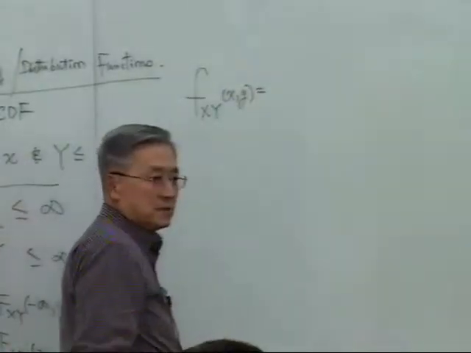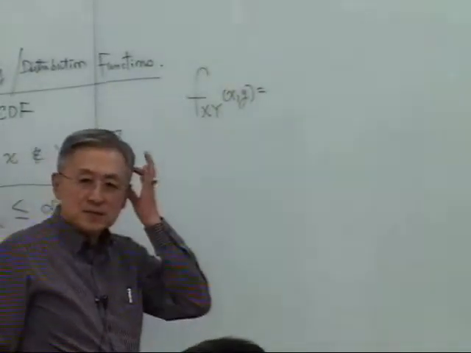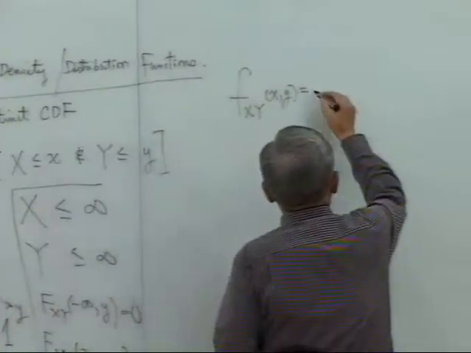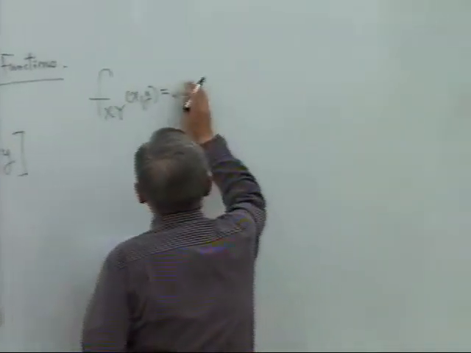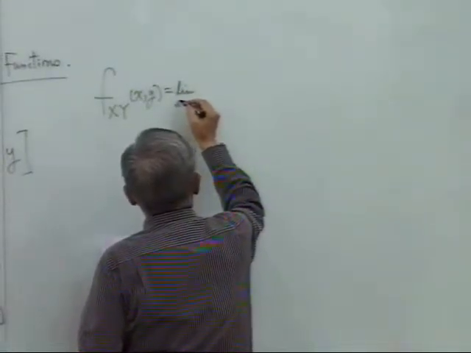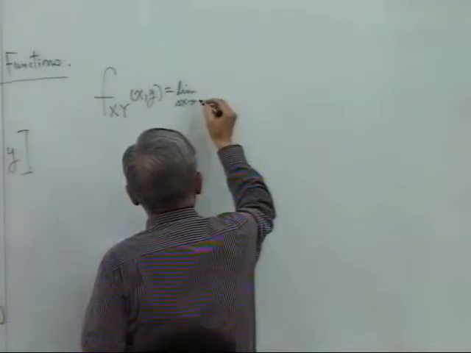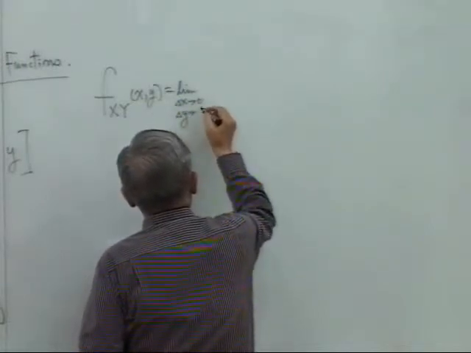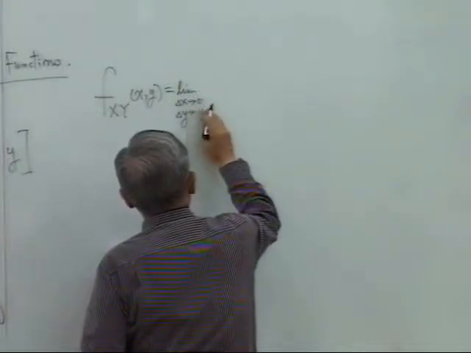Always start from the definitions. The definition here is a limit as delta x approaches 0 and delta y approaches 0.